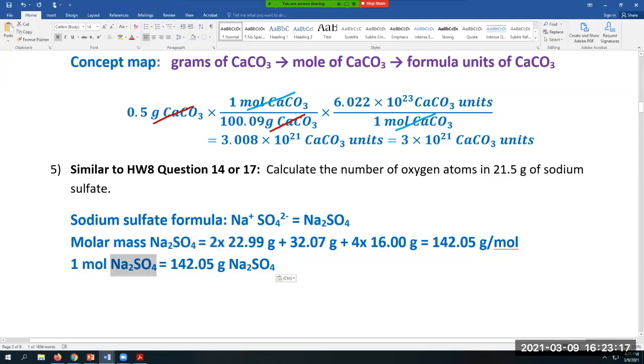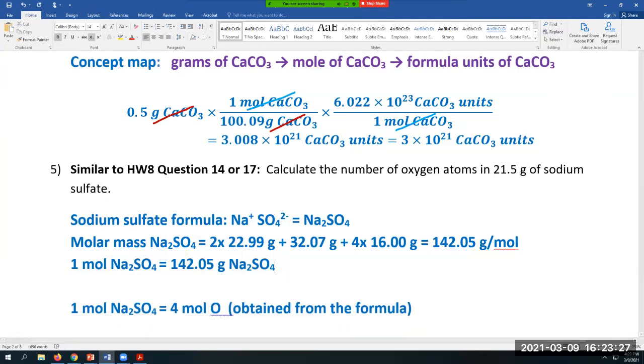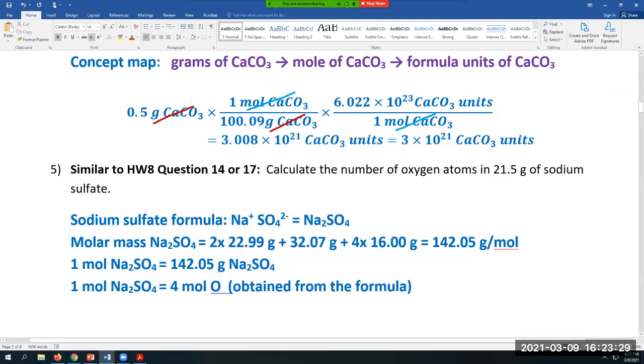And the formula shows you there is a subscript 4 for oxygen. So that tells you there are 4 oxygens per Na2SO4. And the way we can write this is that multiplying by the mole, by the Avogadro number, we get a number of moles.